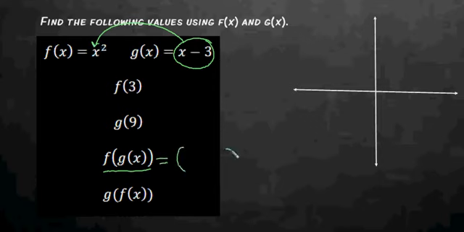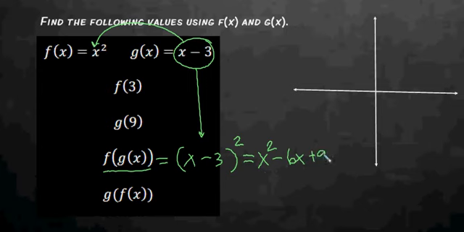And so I want to say, all right, well, f of x is something squared, and I'm going to fill that something with my x minus 3. At this point, we could FOIL those two quantities together, and so we would have x squared minus 6x plus 9 as our final answer. That function would be referred to as f of g of x.